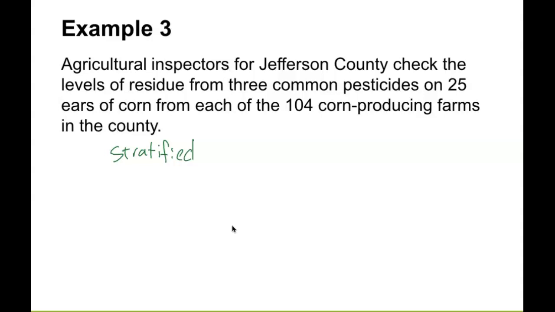So the strata are our 104 farms, right? So we're going to go to each of the 104 farms and we're going to take a simple random sample. But since we're already predetermining that we're going to each farm separately, it's stratified, and those are the strata. Stratified, and I'll make a note. You're taking an SRS from each farm, and that's our strata.